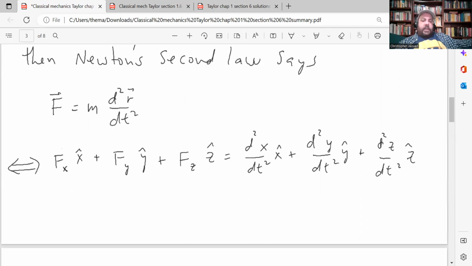If you write this out in its vector form, the left-hand side is the part of the force in the x direction times x hat plus the part of the force in the y direction times y hat, et cetera. And on the right-hand side, you get the mass. Oh, did I forget to write the mass here? I think I did.